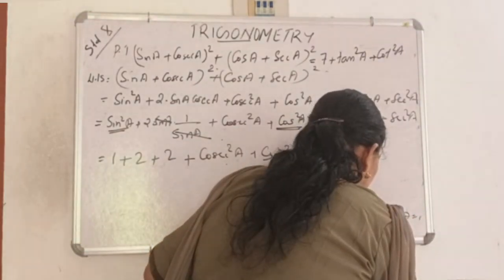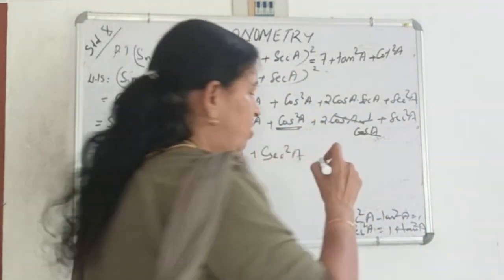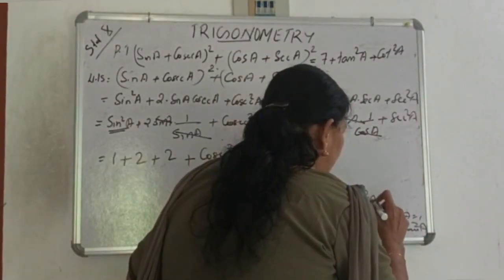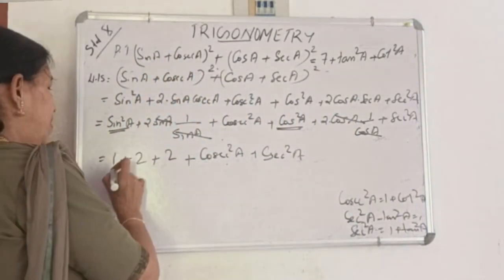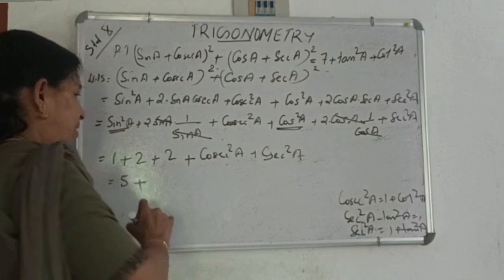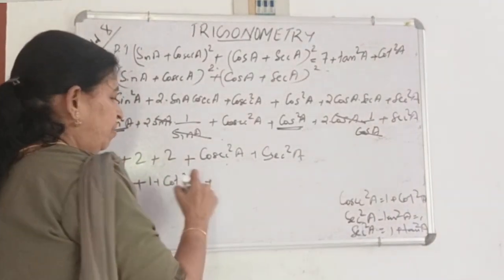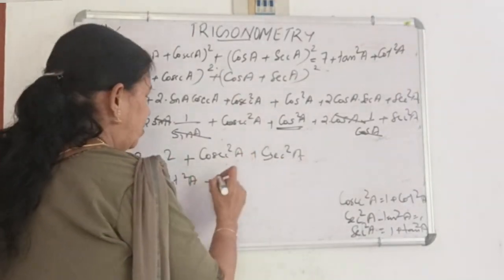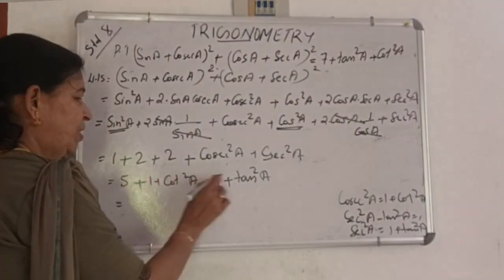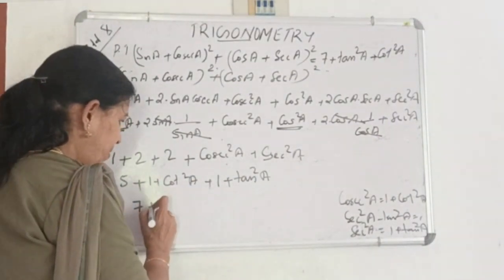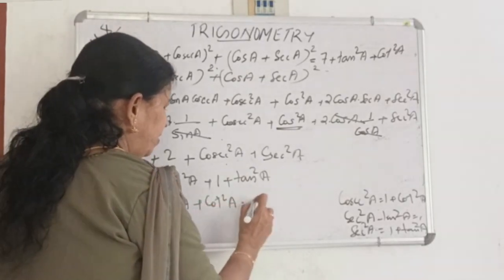That is sec² A = 1 + tan² A. Like that cosec² A = 1 + cot² A. Substituting these values we get the answer: 1 + 2 + 2, 5, plus cosec² A, that is 1 + cot² A, plus sec² A, that is 1 + tan² A. Then 5 + 1 + 1, that is 7. 7 + tan² A + cot² A, that is our RHS.